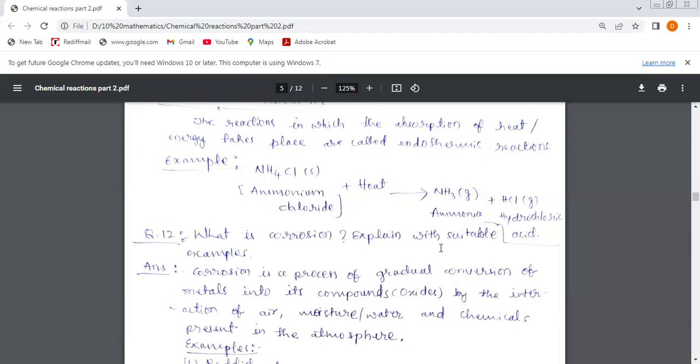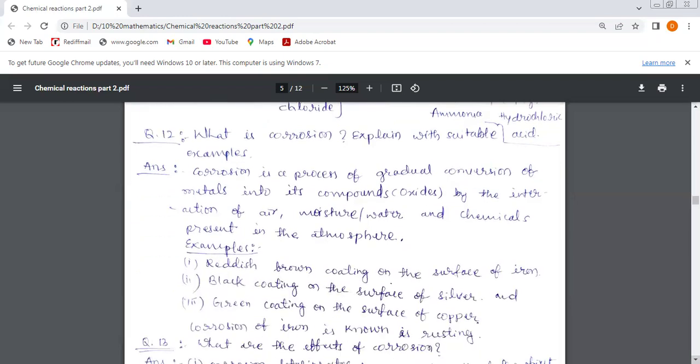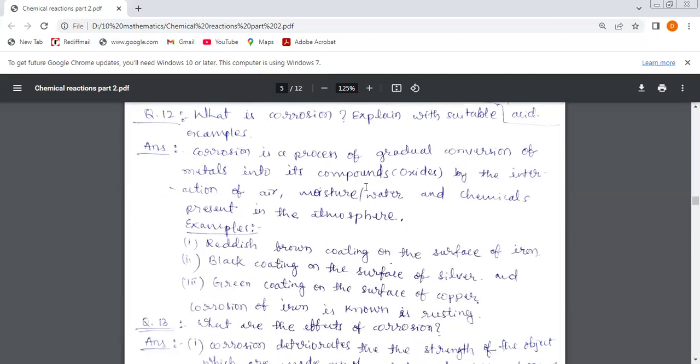Okay, so next we will move to the question. What is corrosion? Explain with suitable examples. Corrosion is a process of gradual conversion of metals into compounds, generally oxides, by the interaction of air, moisture or water, and chemicals present in the atmosphere.